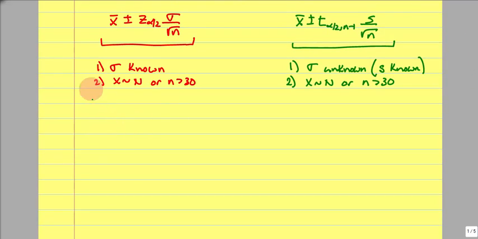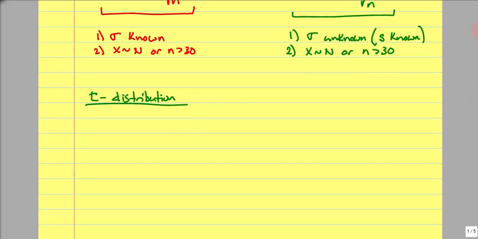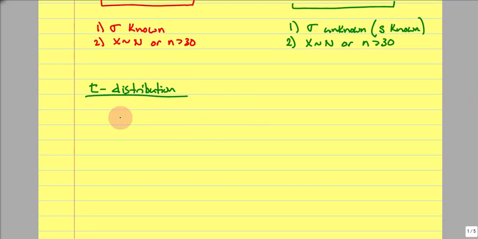But the t distribution is what we really want to talk about here. So let's go ahead and talk about the t distribution. Now the t distribution is actually called the student's t distribution. And a long time ago, somebody was working in a brewery in Ireland, and they were talking about sampling beer and looking at consistency of the product.